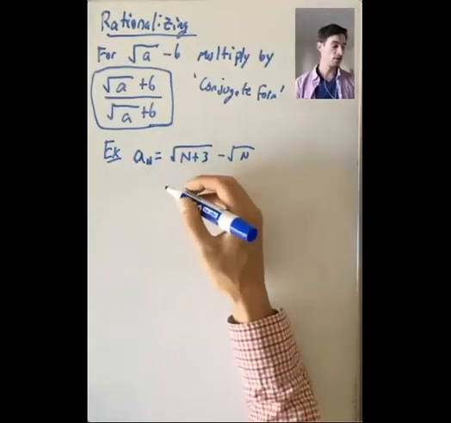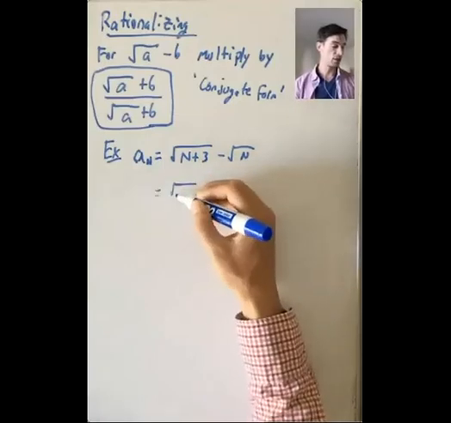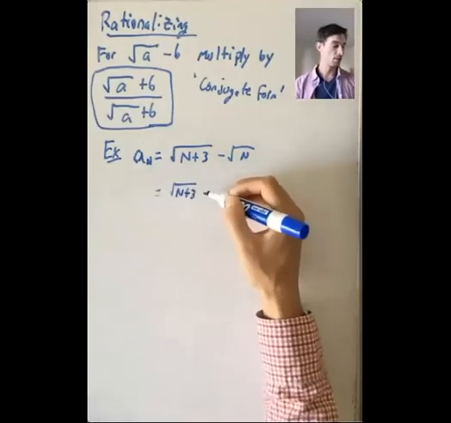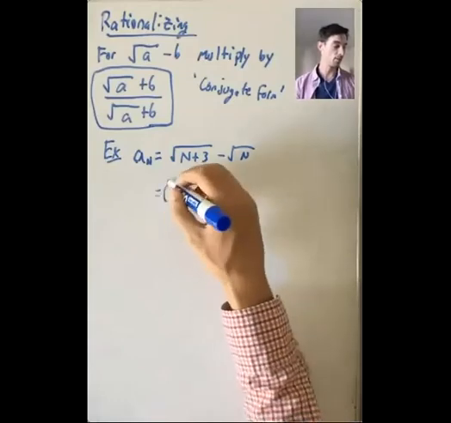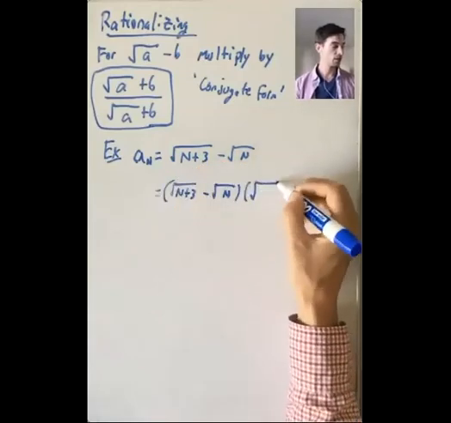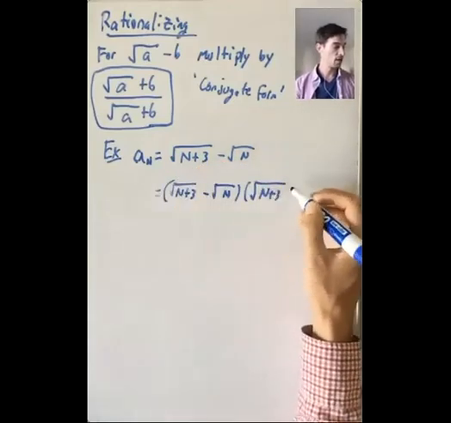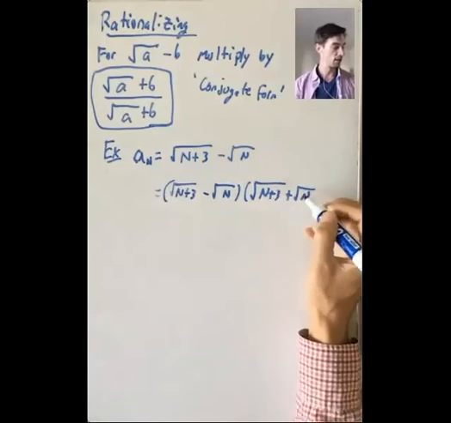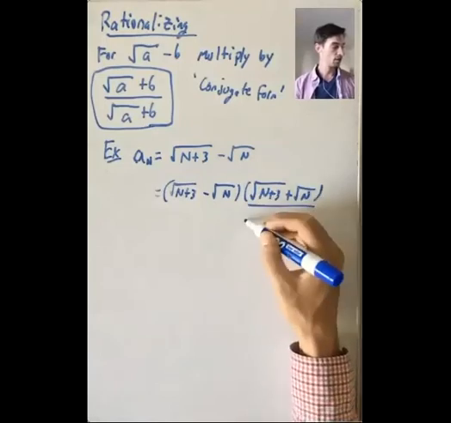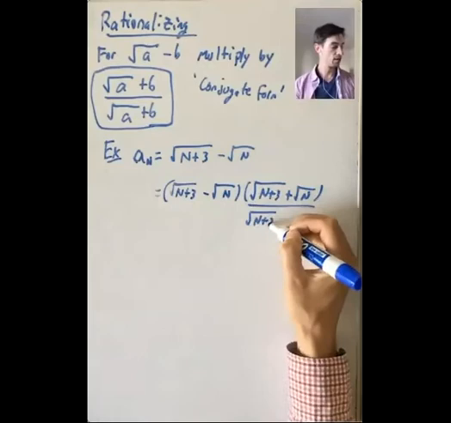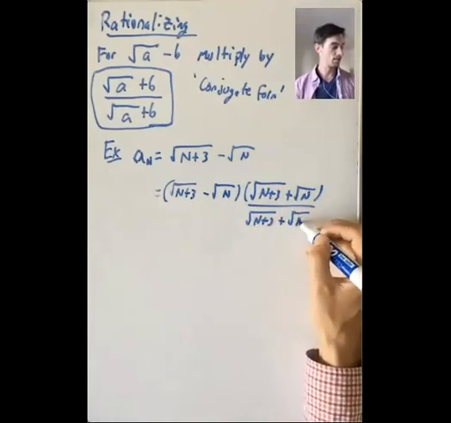So what we're going to do is take this expression and multiply by the conjugate form, which is square root of n plus 3 plus square root of n over square root of n plus 3 plus square root of n.